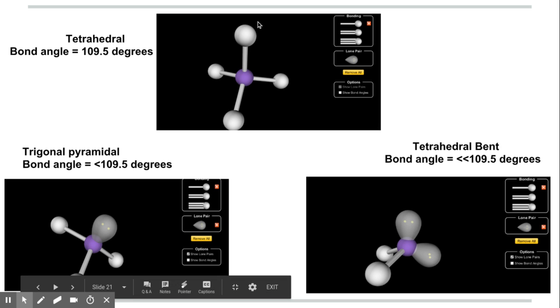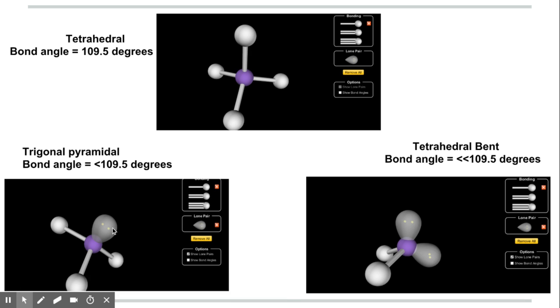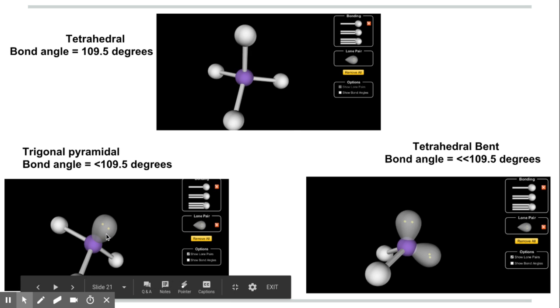This is tetrahedral, 4 bonds. Take away 1, add a lone pair of electrons. There's a little alien head. Now we get trigonal pyramidal. Notice it makes a pyramid. Again, the bond angle is going to be less than 109.5 because those electrons are going to take up more space. If we go to tetrahedral bent, we take off another bonding pair and replace it with another lone pair of electrons.